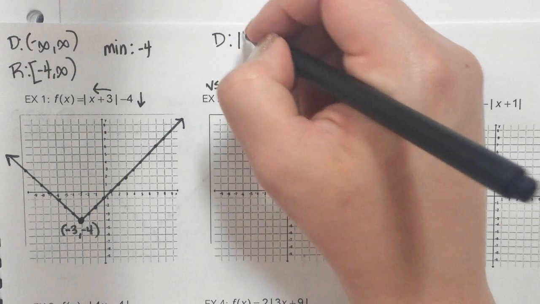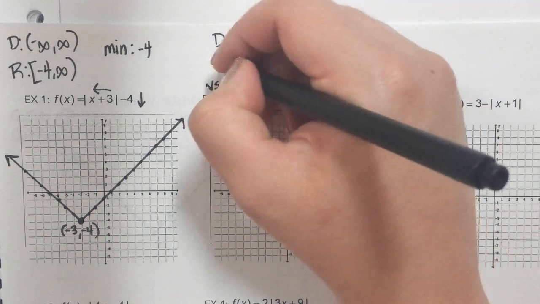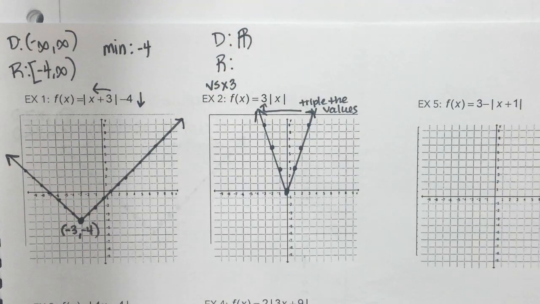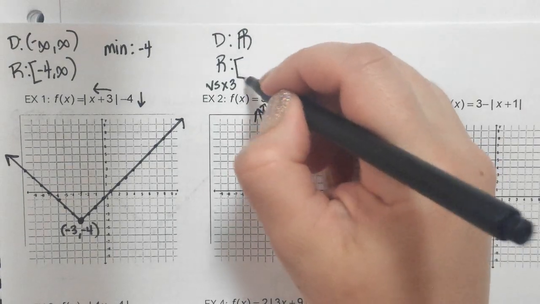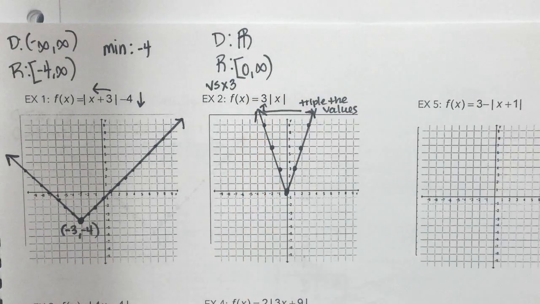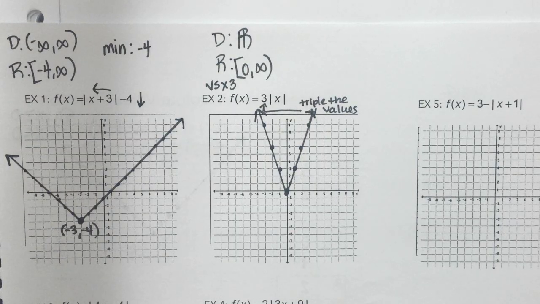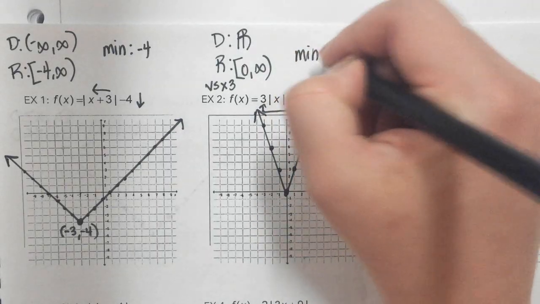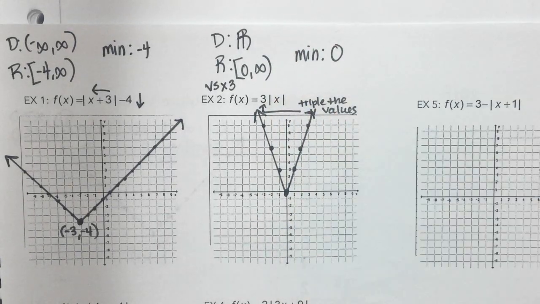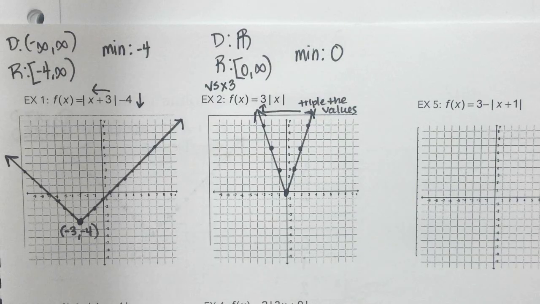Domain, I'm going to do that in the other notation, all real numbers. Range would be from 0 to infinity. Does this one have a max or a min? Min. And what is the minimum? 0. The y coordinate of the vertex. Okay?